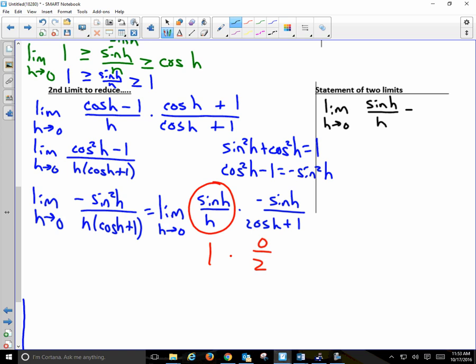What is that limit? 1. And then the limit as h goes to 0 of cosine of h minus 1 all over h is equal to 0. Those two limits are extremely important trigonometric limits that will come up in the future. And later on, you might ask, why are those? And I would say, remember the sandwich theorem day? You'd be like, oh yeah, I guess we did that.